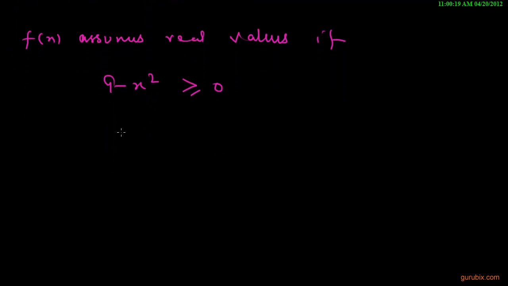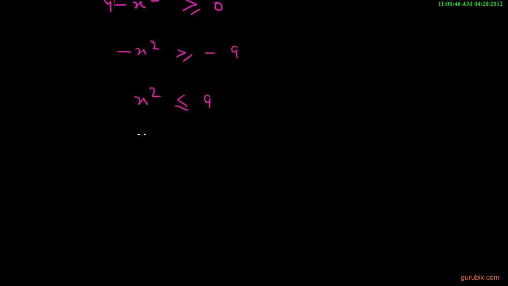This means minus x square is greater than or equal to minus 9. This means x square is less than or equal to 9, or we can write it that x square minus 9 is less than or equal to 0, or we can say that x plus 3 into x minus 3 is less than or equal to 0.